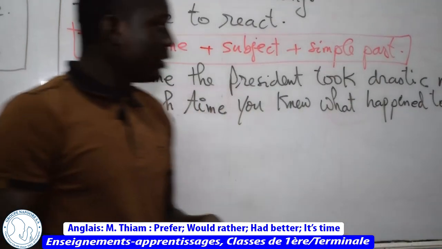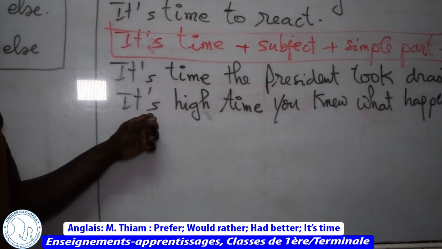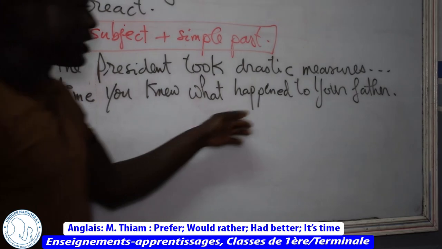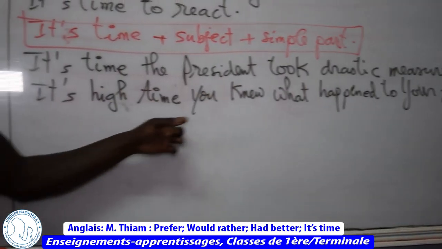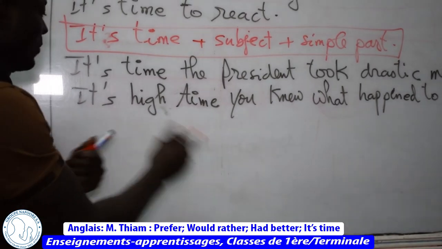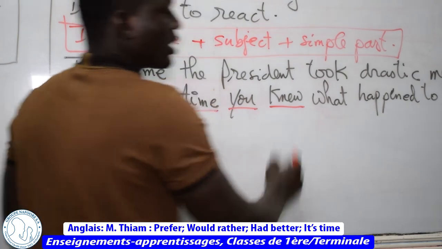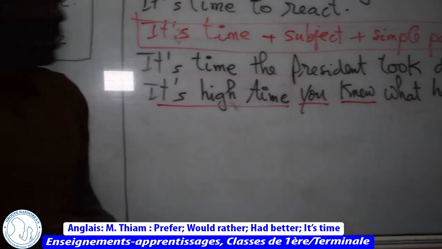In French, we will say, il est grand temps que tu saches ce qui est arrivé à ton père. It's high time plus subject plus simple past in the rest of the sentence. This is the use of "it's high time".